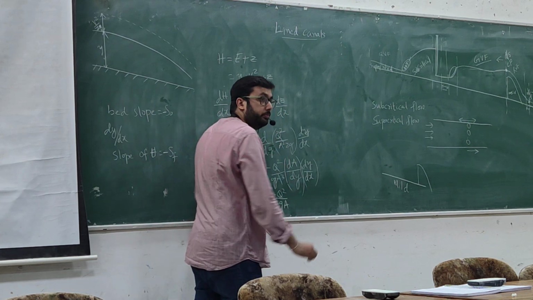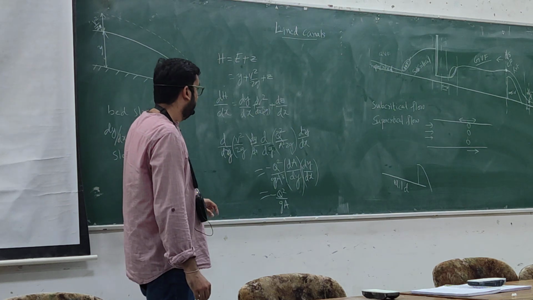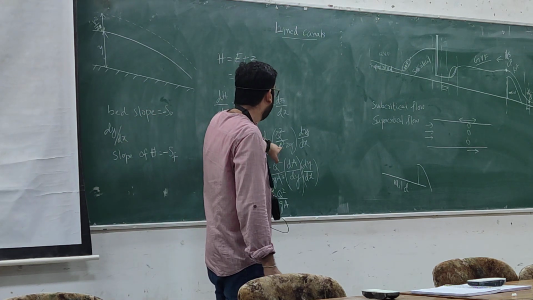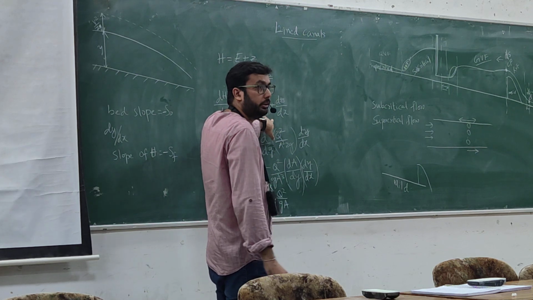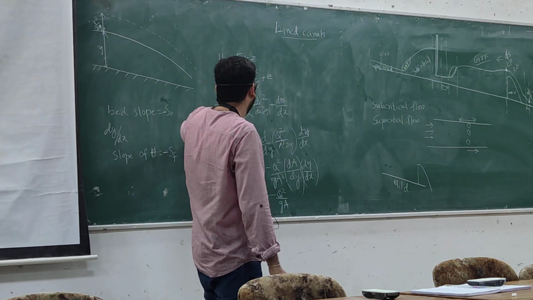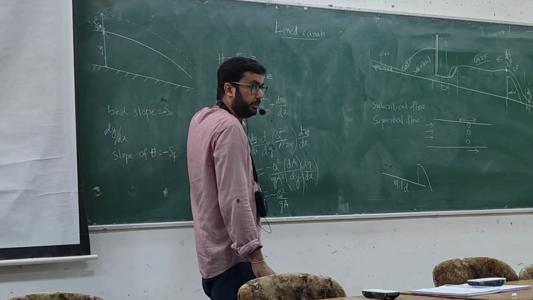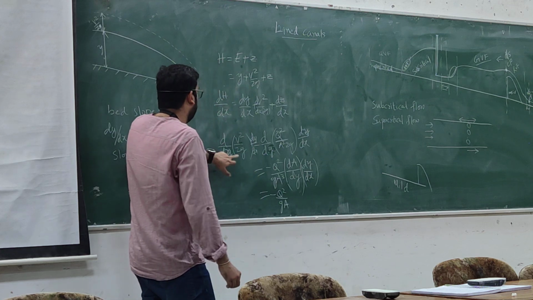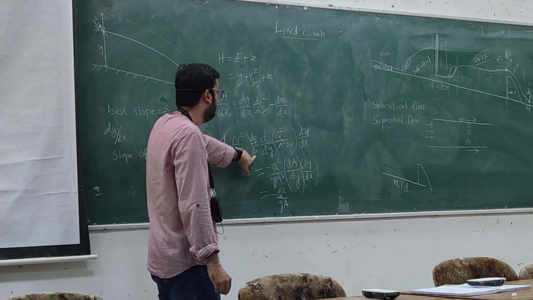So what we do here, first we differentiate it with respect to x. So in the upper line, d of Q square over A square by dx, into 1 over 2g, remains, differentiating with respect to x. And in the below line, what do we do? Here we brought in y. So we are doing differentiation with respect to y, and so we have dy by dx.